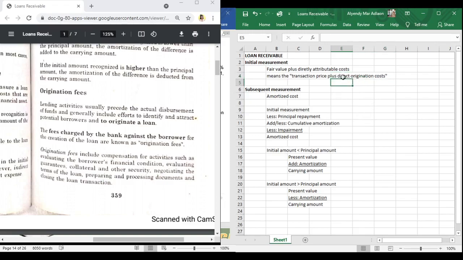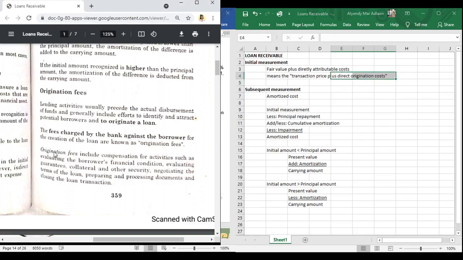So, direct origination costs are the costs we incurred so that the customer can avail of a loan. For example, the lending activities, just like evaluating the financial condition of the borrower, the interviews, and your references would be contacted to learn the financial condition and credit history, and evaluated.